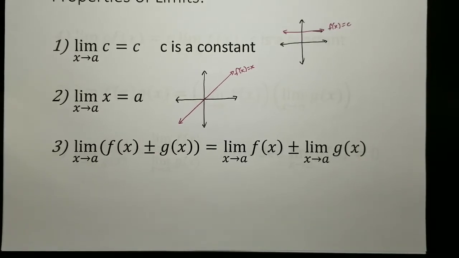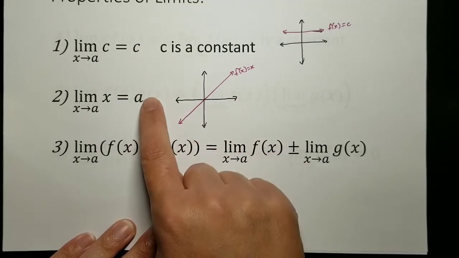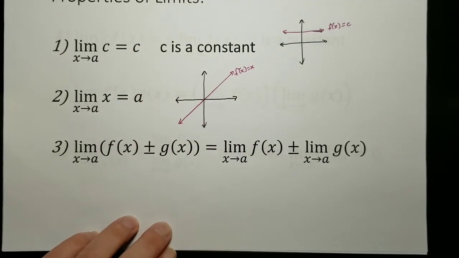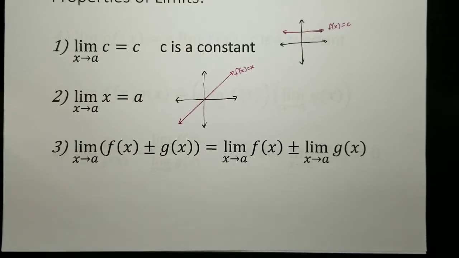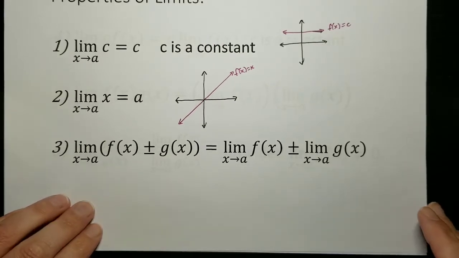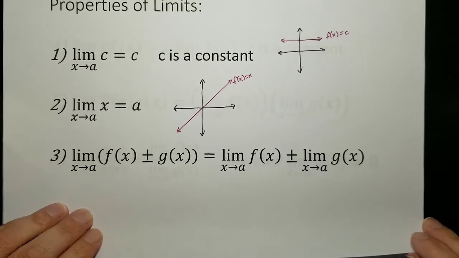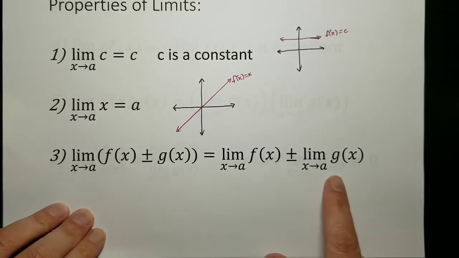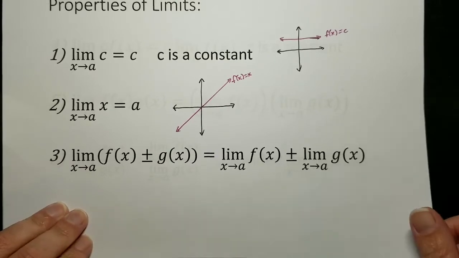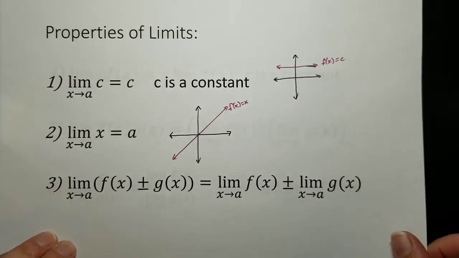So we can combine the individual pieces from these functions, and this will allow us to build up bigger rules for evaluating limits. If you have the sum of 2 smaller functions, you can just take the limit of each function and add or subtract those as shown.